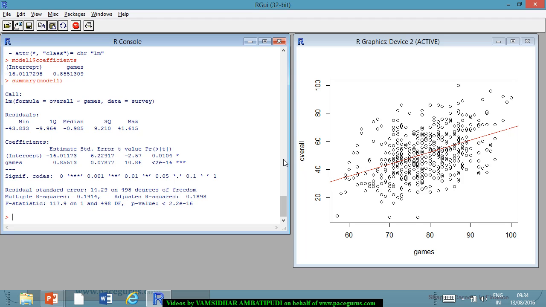This is the summary of the linear model. So the first part, at least we are clear: it's a linear model, it's a formula. Overall is my dependent variable, games is the independent variable, and the data is the survey data. That is the first thing that this model is presenting. But apart from that, we can see there are a bunch of other outputs that are coming up. That goes as a part of the detailed output interpretation of the model. We will look at that now.